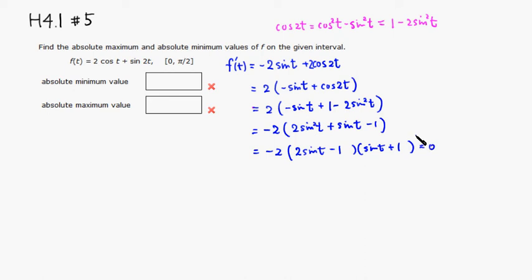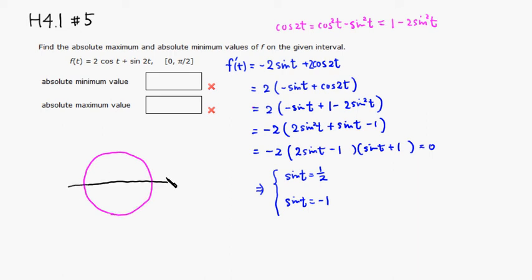Setting this equal to 0, sine of t is equal to 1/2, or sine of t is equal to negative 1. Let's find the critical numbers from here, drawing a number line. So draw a unit circle, then draw the x-axis and the y-axis.